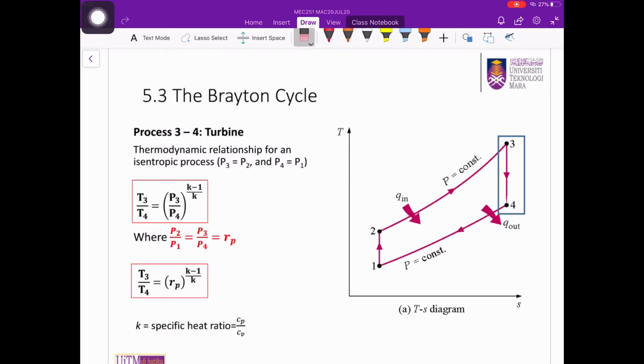But before that, let's have a look at the pressure ratio Rp introduced previously. Pressure ratio Rp is equal to P2 over P1. We know that pressure at state 3 is equal to pressure at state 2, and pressure at state 1 is equal to the pressure at state 4.